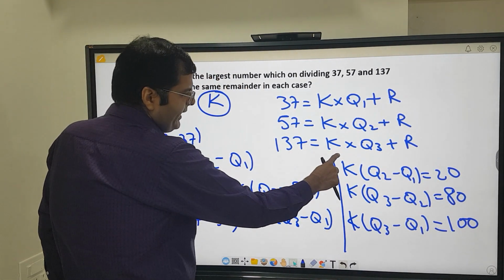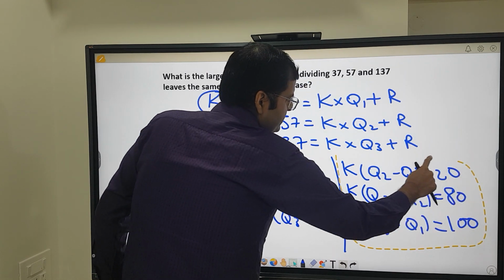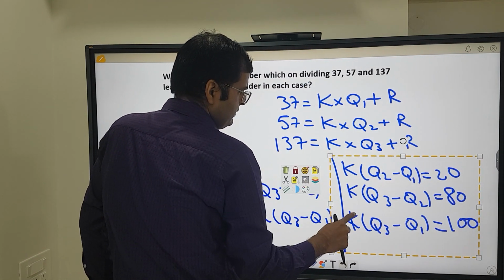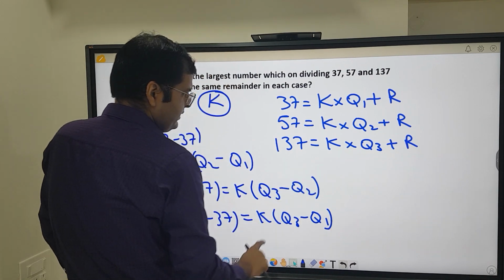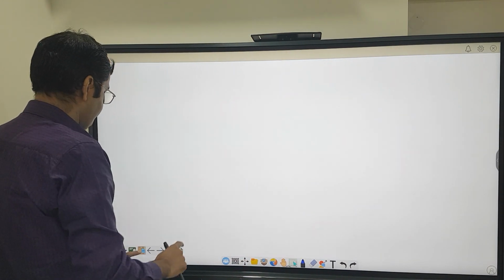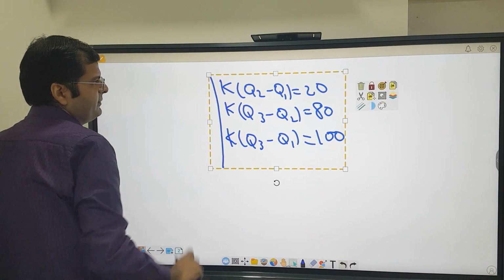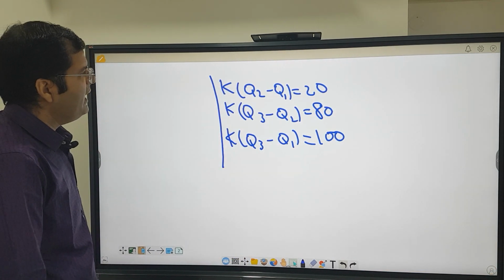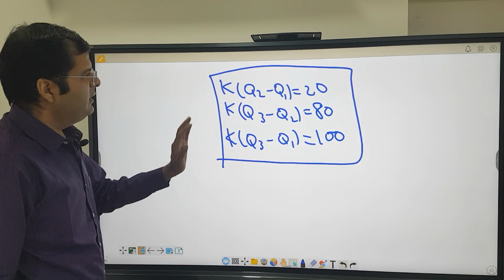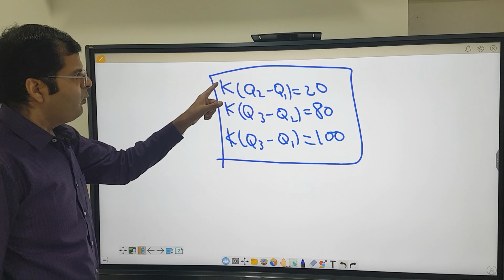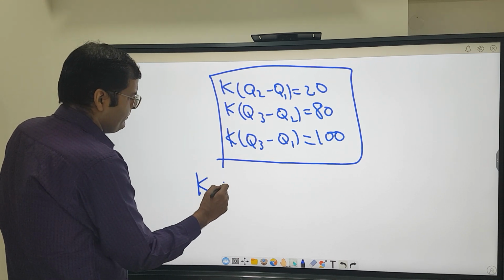Now if I just look at this, I have in this box entire, what is the common factor between them? k is the common factor between them.